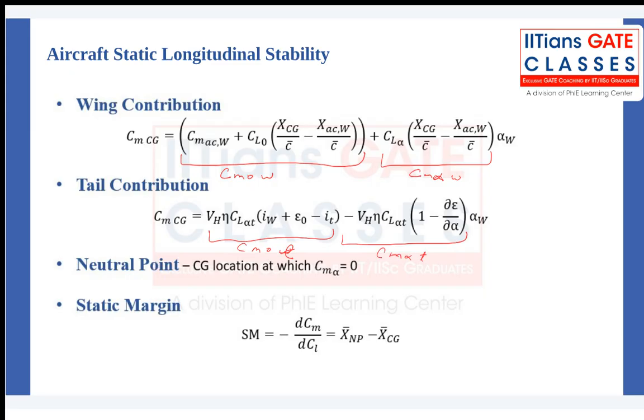So now you have that equation. You need to take CL alpha and multiply it with the distance. That's it. Can you tell me the answer now?